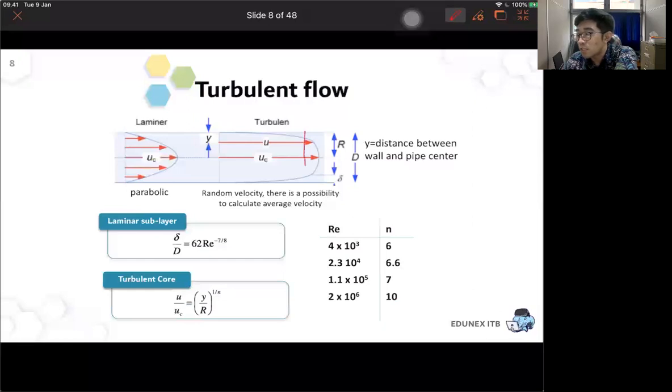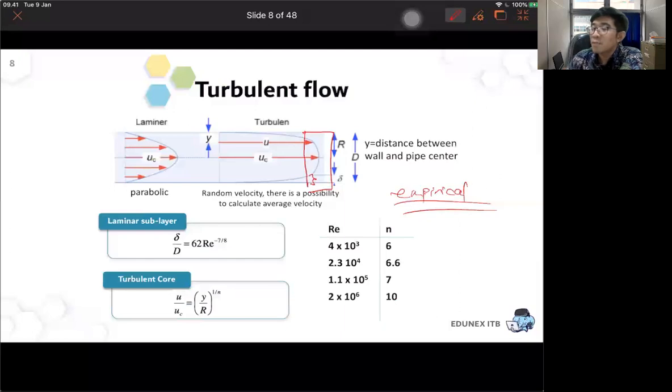For example, this is the sublaminar, then what are the differences between the core turbulence and the sublaminar, how is the height and something like that. This is the empirical equation. So do not need to derive or memorize this equation. Just an example of turbulent flow.